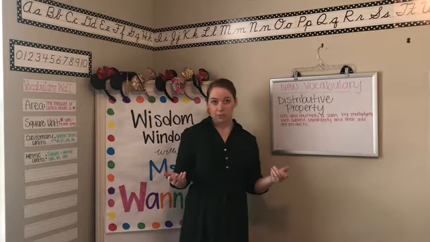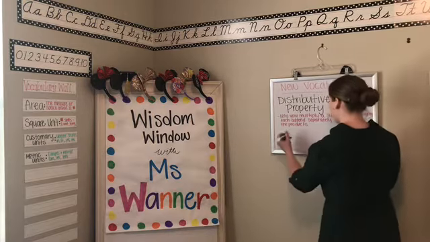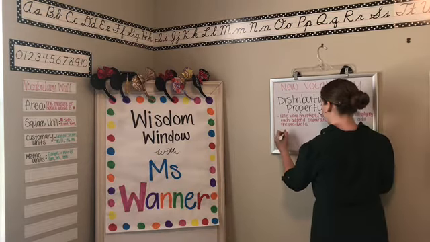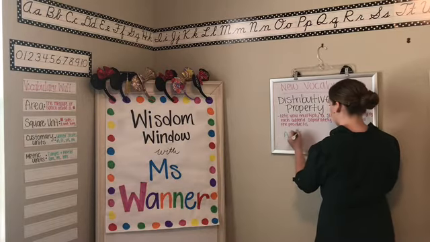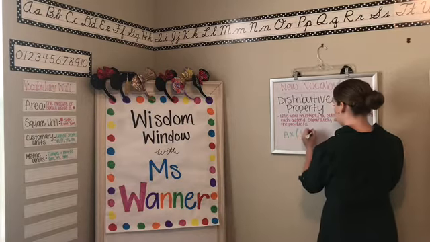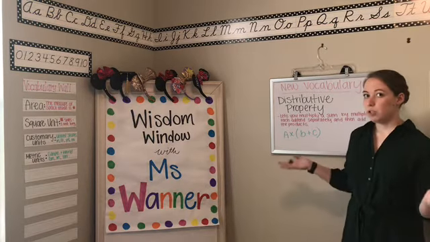So the distributive property looks something like this, where you have A, and then you multiply B plus C. This is like the formula for the distributive property.